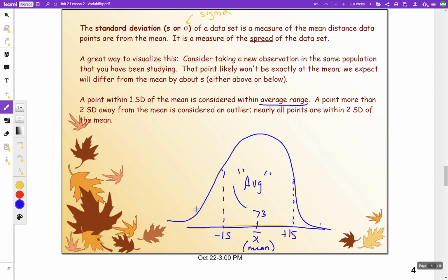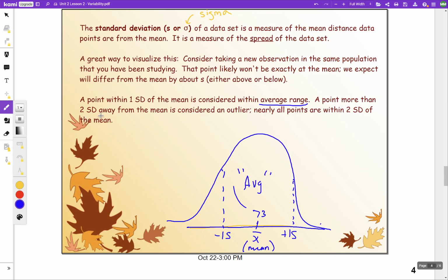If they're more than one standard deviation from average, then they're far enough away that no matter what further observations you take, or different conditions, or data added to the data set, a point that's here will likely stay below average, and a point over here will likely stay above average. We don't suspect that a point that is significantly above average would suddenly become below average. That's the whole idea here. So a point within one standard deviation is considered average range.